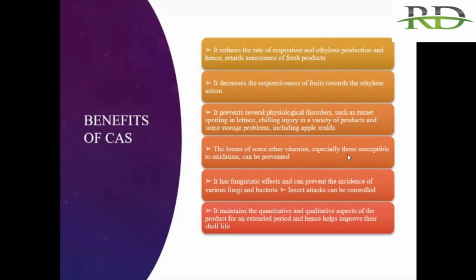Losses of some vitamins, especially those susceptible to oxidation, can be prevented. Fungistatic effects can be obtained, and the incidence of various fungi and bacteria and insect attacks can be controlled. It maintains the quantitative and qualitative aspects of the product for an extended period and hence helps improve their shelf life.